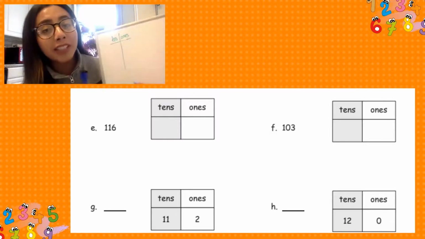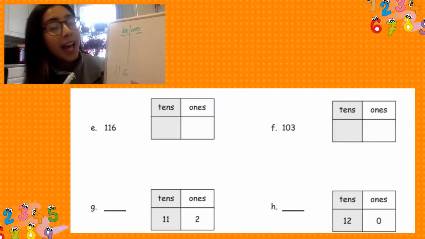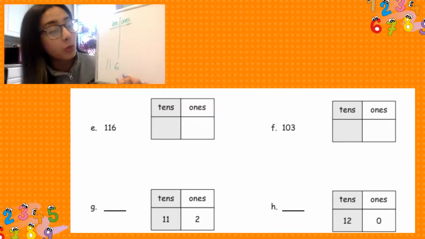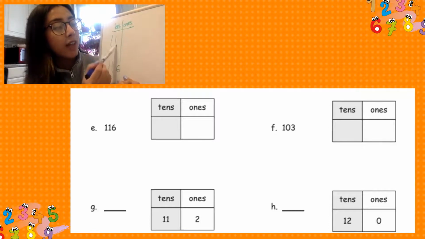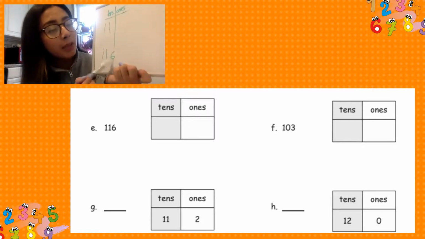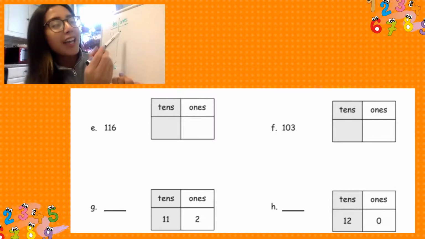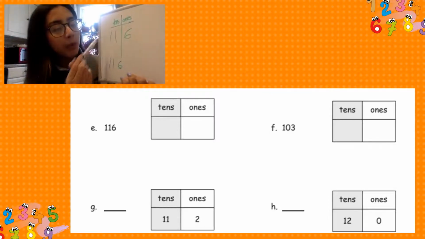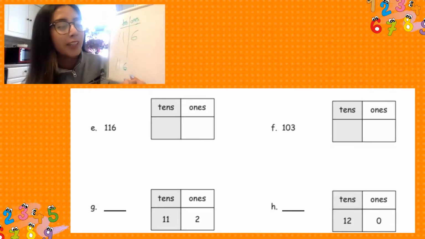Let's try to do these next ones. If I have the number 116, how many groups of 10 do I have? I can look at my tens place and see I have 11 groups of 10. And how many extra ones do I have? I have 6 ones. So both of these are the same number, just different ways of looking at the number.